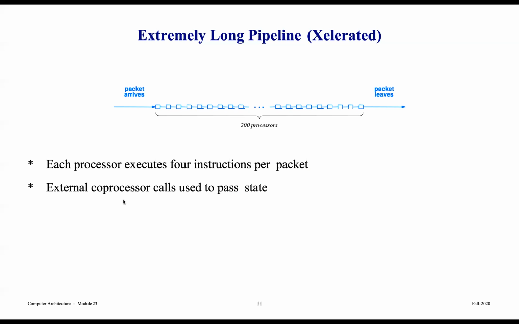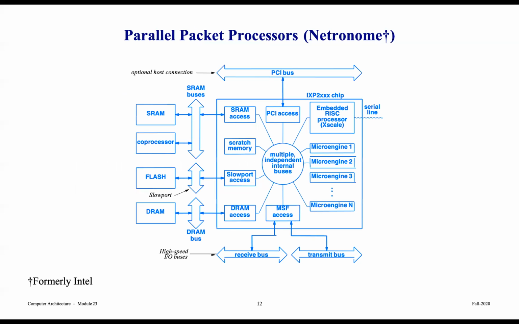The external coprocessor is used to pass the state. Once again, we're just seeing a lot of examples, so I'm just quickly trying to give you a survey of this material. You can refer to Comer for a more detailed walkthrough of this information.